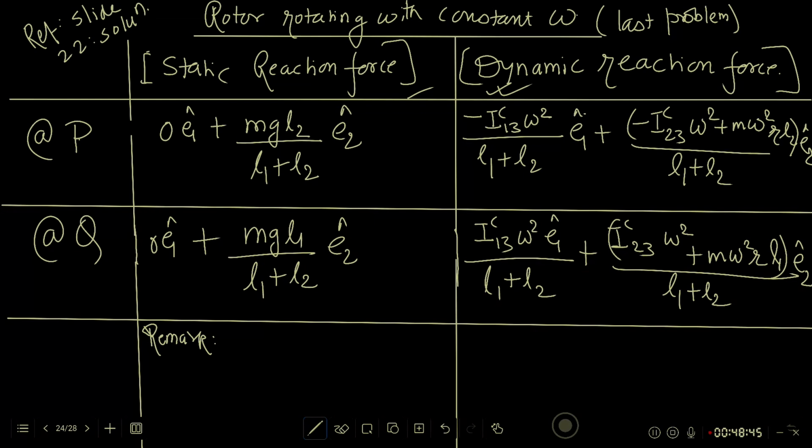In fact, in the book Beer and Johnston, which is one of our reference books, there are many problems in which they ask you only to find the dynamic reaction force. They don't even ask you to find the static reaction force. You will realize that if you are asked to find only the dynamic reaction force, you can follow the same procedure that I did and assume mg is non-existent.